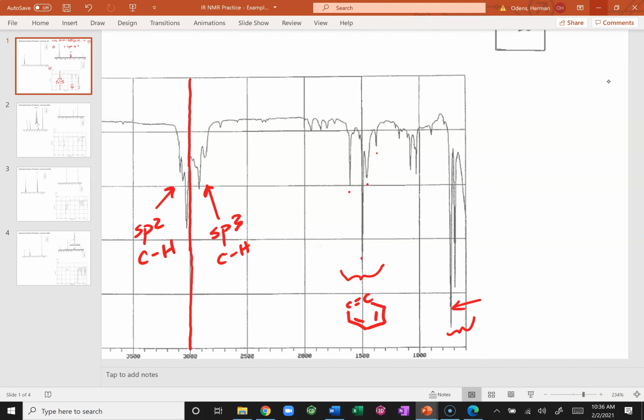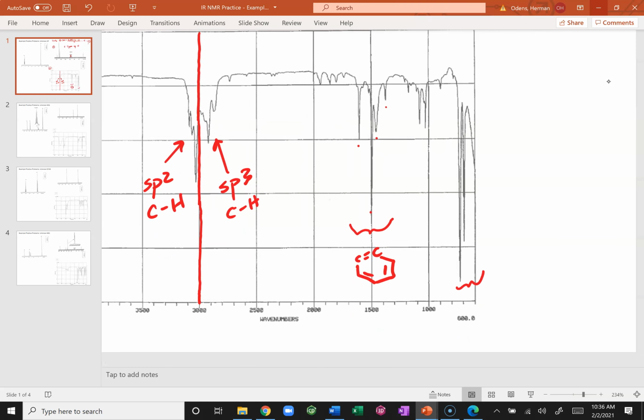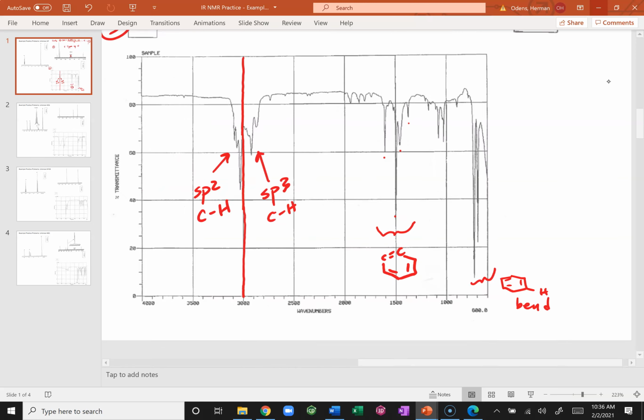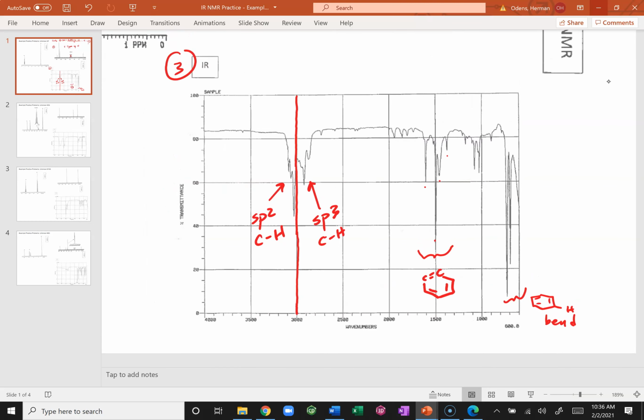I usually say, okay, this one. But I've seen other books, people pick both of them. And that's not wrong. You just say that this is your CH band in the fingerprint region, right around 600. All right. That's pretty much it.